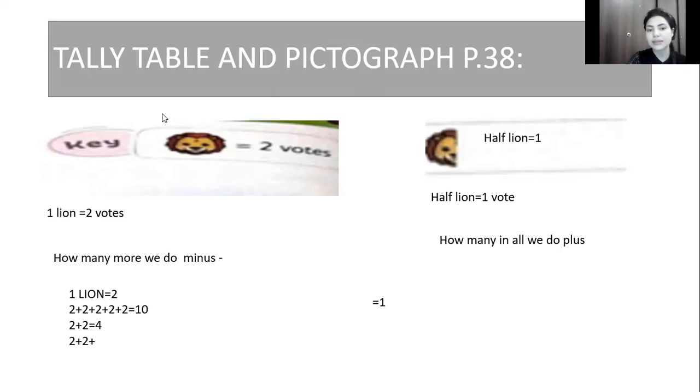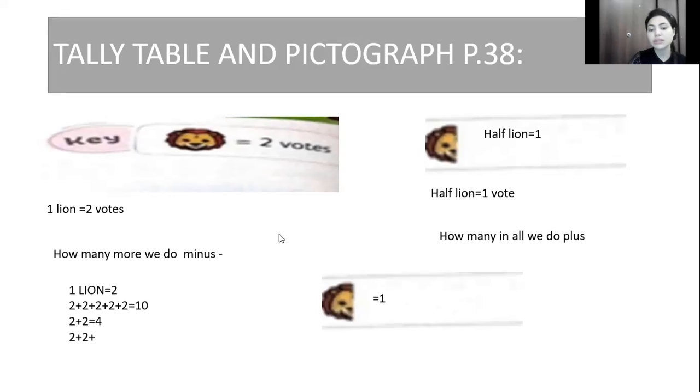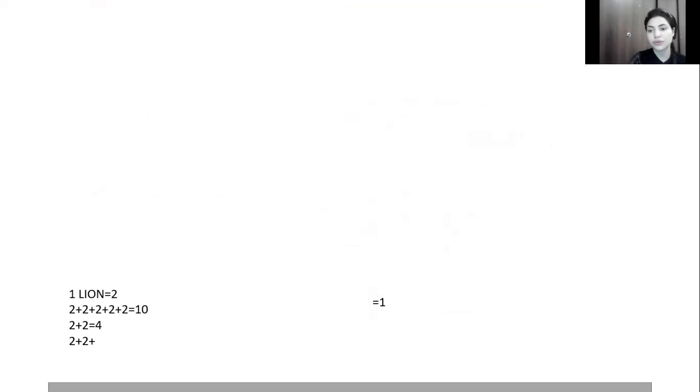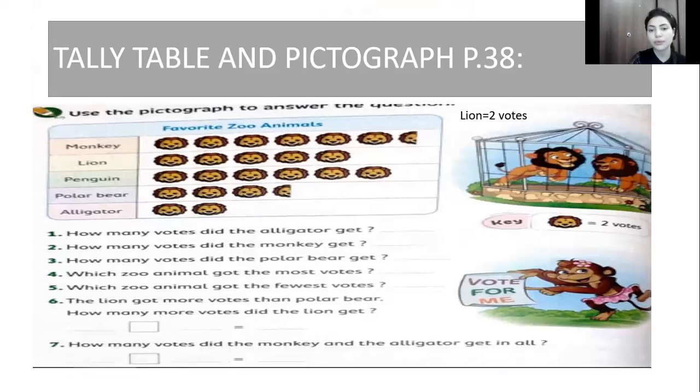So as in the line, if we had 5 faces, 2 plus 2 plus 2 plus 2 plus 2 equals 10. If we have 2 faces, 2 plus 2 equals 4, and so on. Let's go answer it here, page 38, as you understood now. So monkey, we have whole faces, 1, 2, 3, 4, 5, 6, and a half.